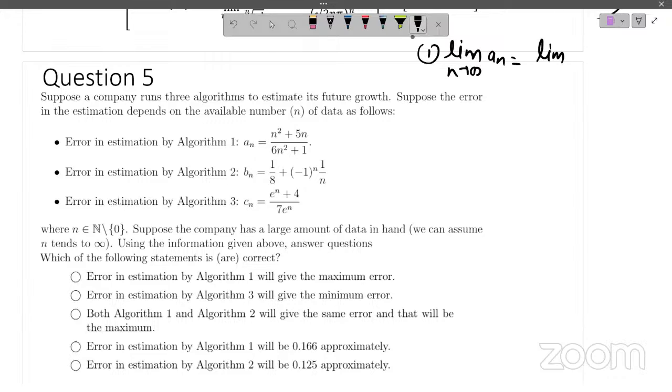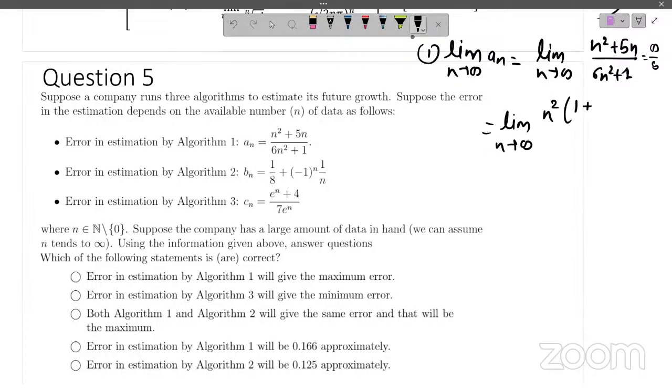So it is the limit as n goes to infinity of (n square plus 5n) upon (6n square plus 1). You know how to solve it. We have an infinity by infinity case, so I will take common the highest power of n and then apply the limit. I take out n square from the numerator, so it becomes 1 plus 5 by n, and similarly n square from the denominator, so it becomes 6 plus 1 by n square.